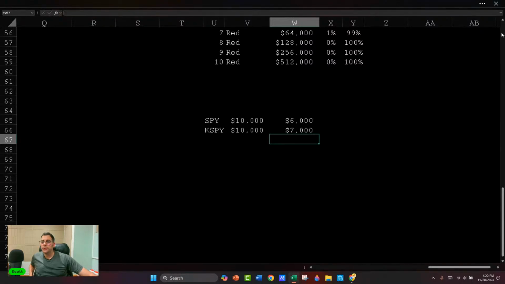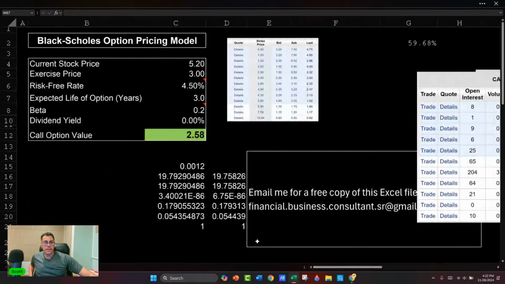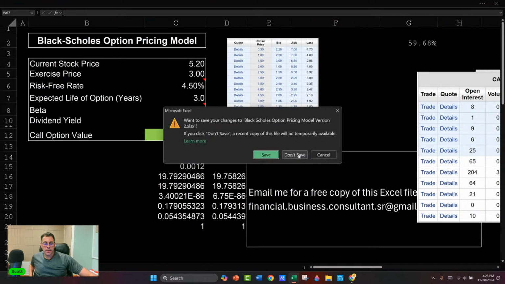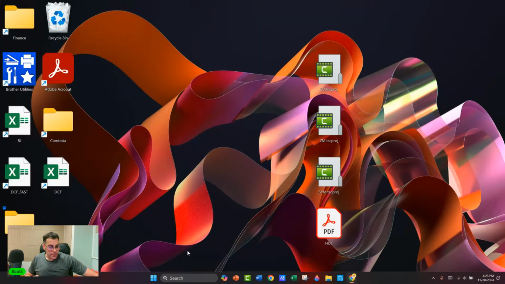Okay, well, good stream. Email me if you want a copy of this options model. I think I just saved over it. I probably shouldn't have saved over the file. I've got to clean it up now.